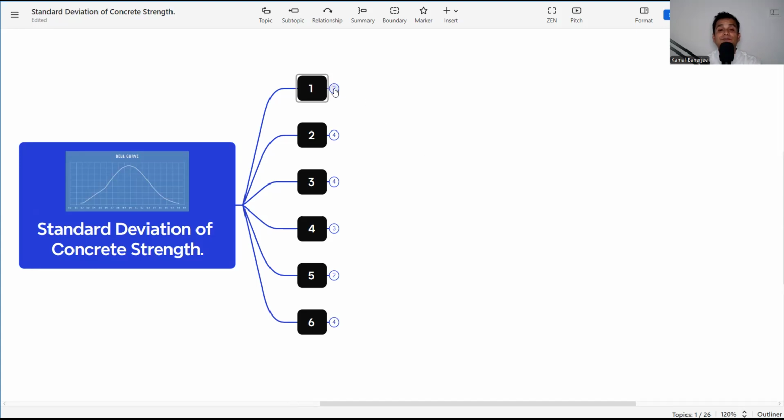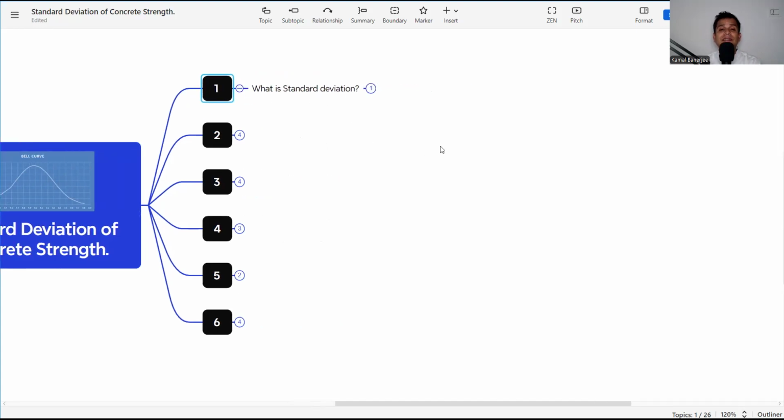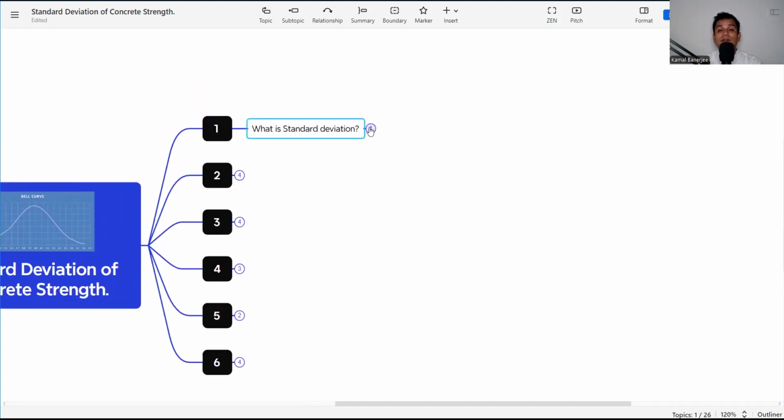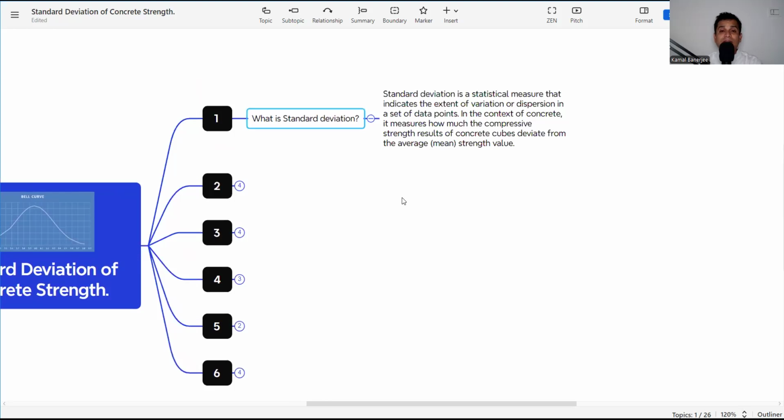Before that, we need to know what standard deviation is. Standard deviation is a statistical measure to indicate the extent of variation or dispersion in a set of data points. In the context of concrete, it measures how much the compressive strength results of concrete cubes deviate from the average strength.